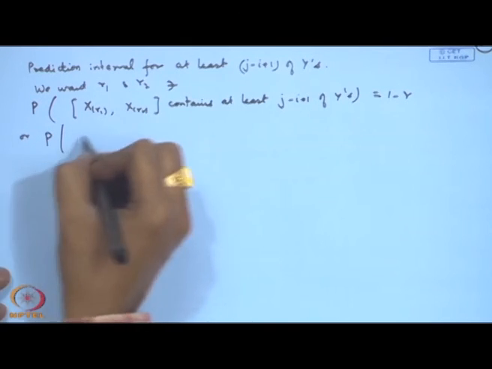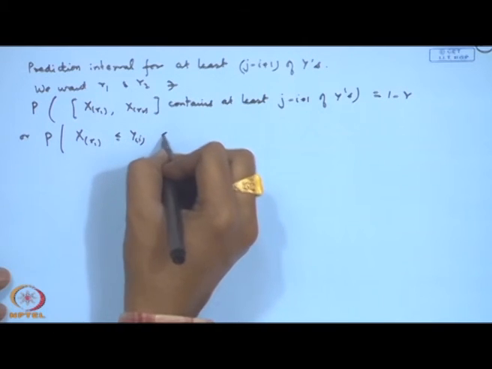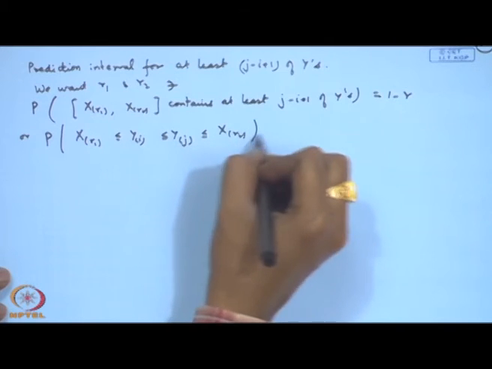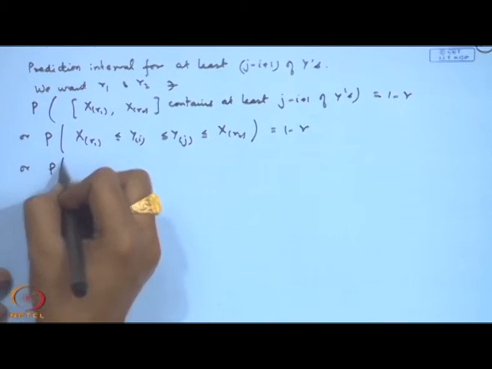That is, the probability that x R1 less than or equal to yi less than or equal to yj less than or equal to x R2 is equal to 1 minus gamma.